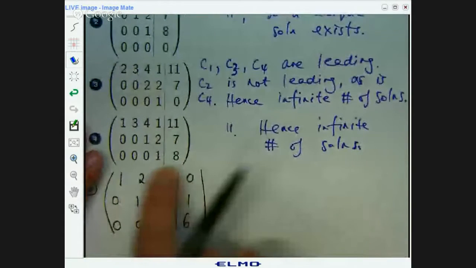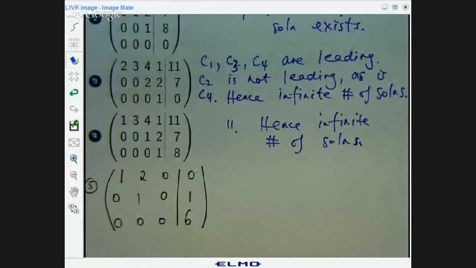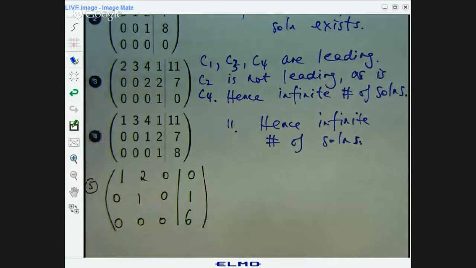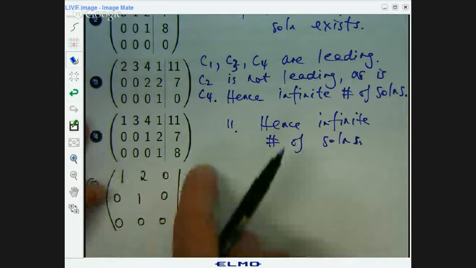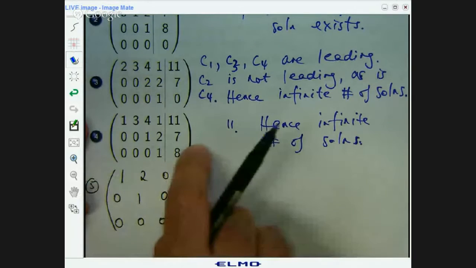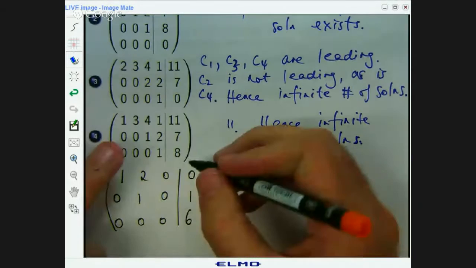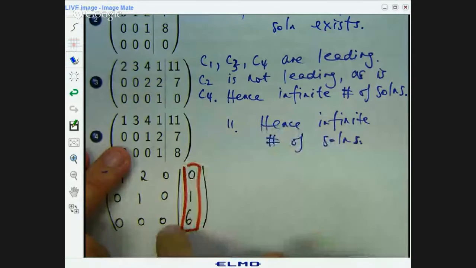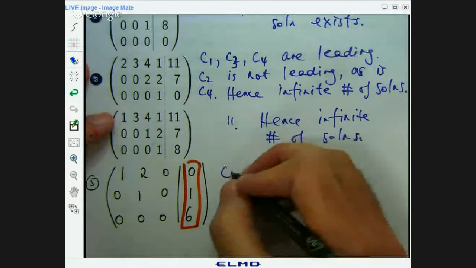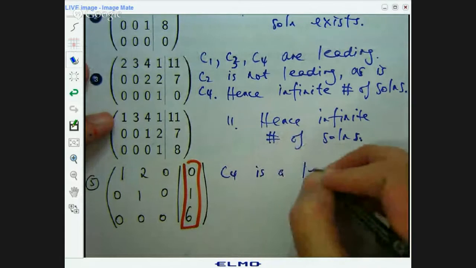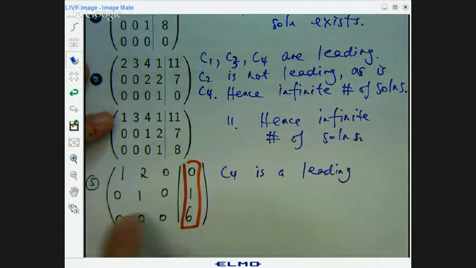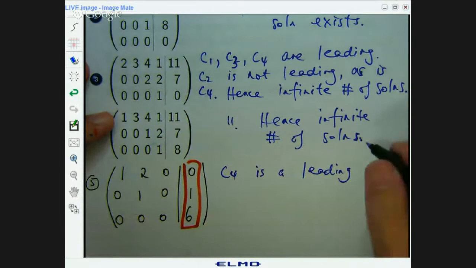What about this one? This is one I've just drawn in. Okay. That's a leading column. That's a leading column. That's not. That's not. Okay. But what you can see here, so this column, C4 on the right-hand side of that line is leading. Okay. So C4 is a leading column because it contains this entry, which is the first non-zero entry of say row 3.